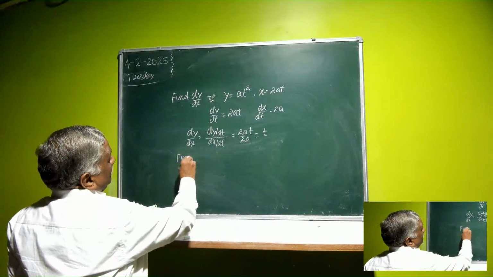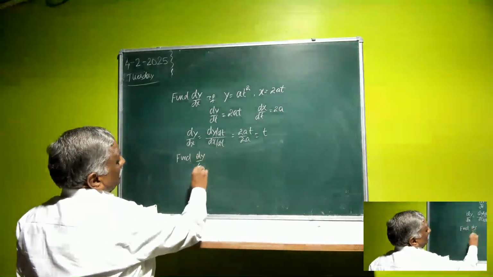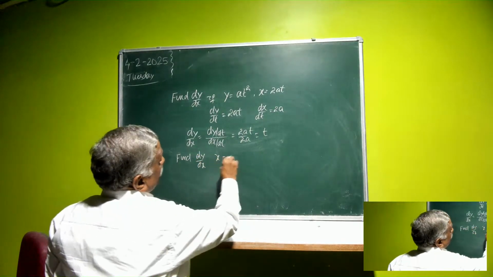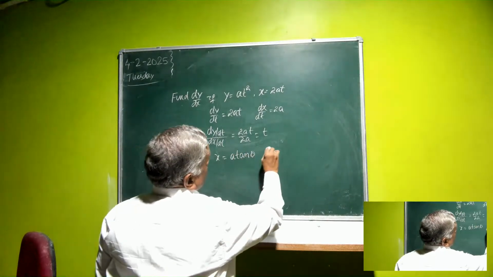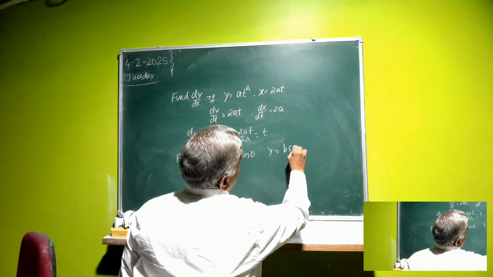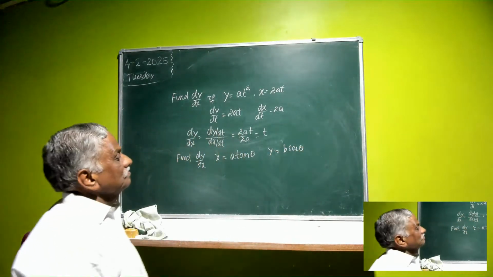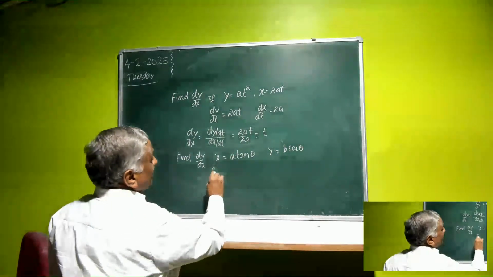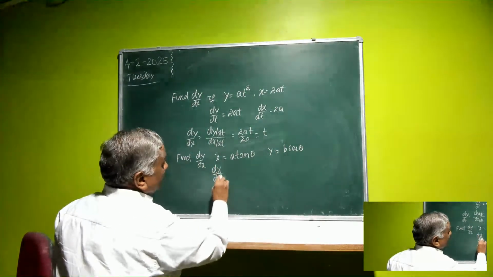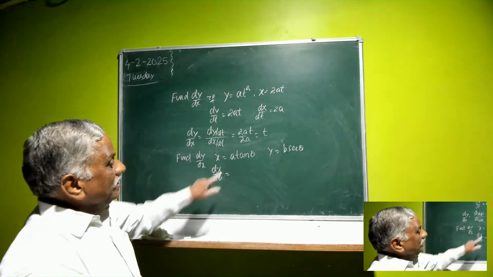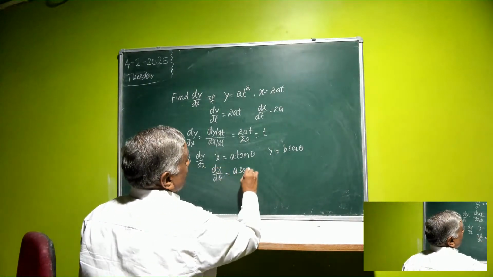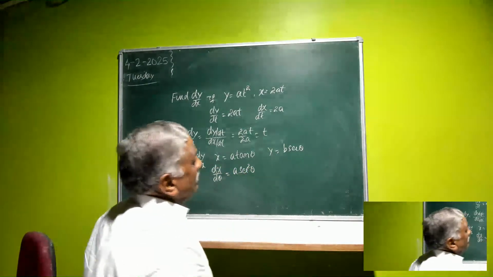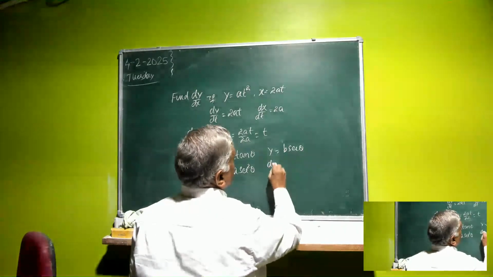Find dy by dx. X is equal to a tan theta, y is equal to b secant theta. So I will find dx by d theta, not t, because the variable is theta. A is a constant, tan theta gives secant square theta. A secant square theta. Here I find dy by d theta.